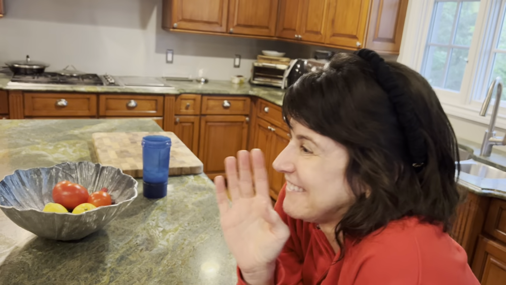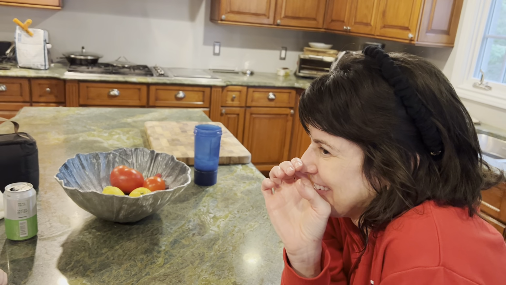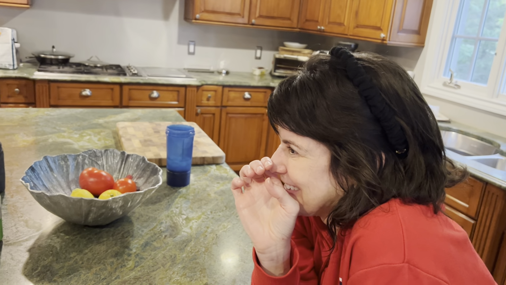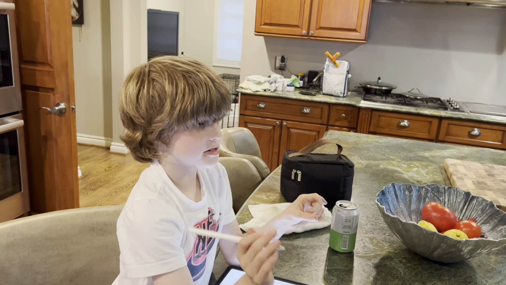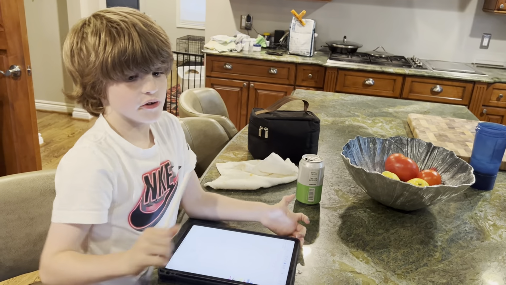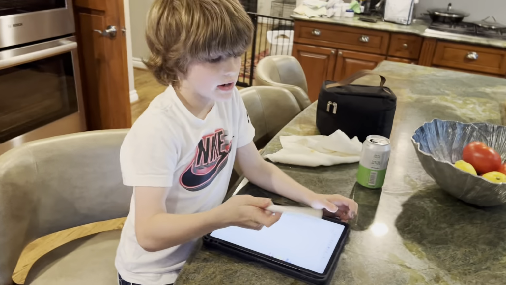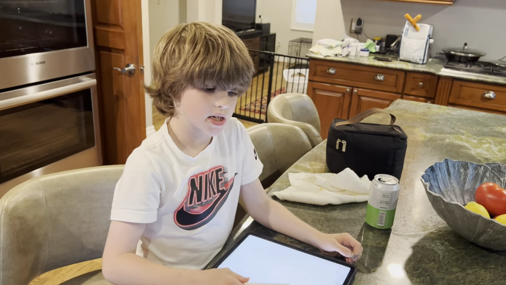Kristen. X equals 153. Yes. So algebra is just basically subtraction.